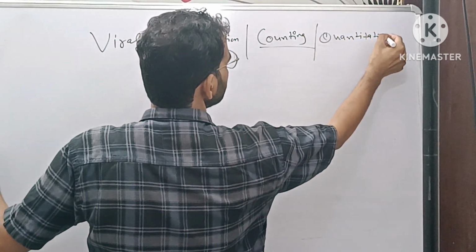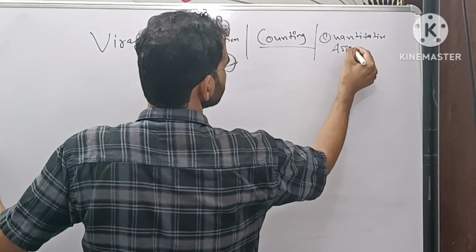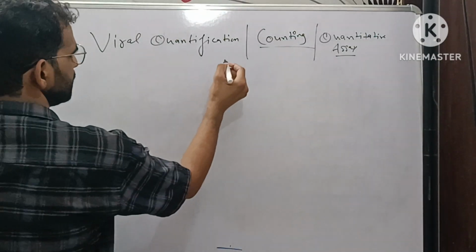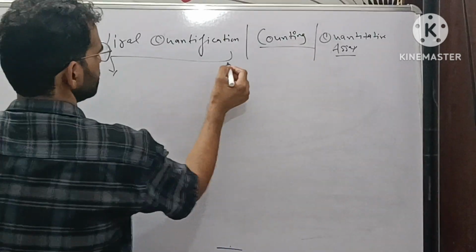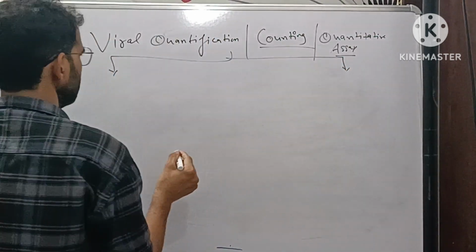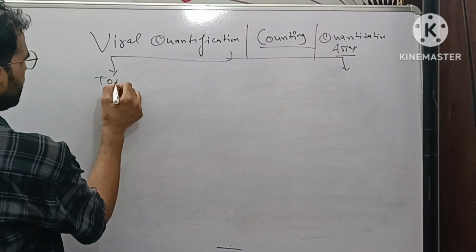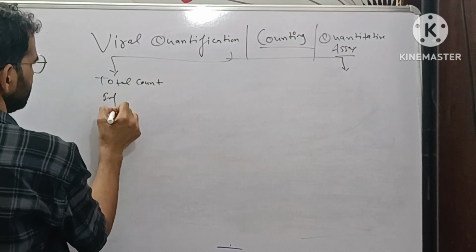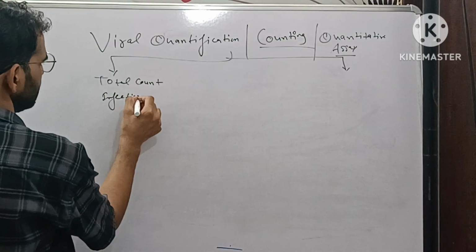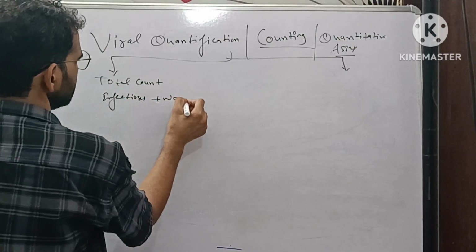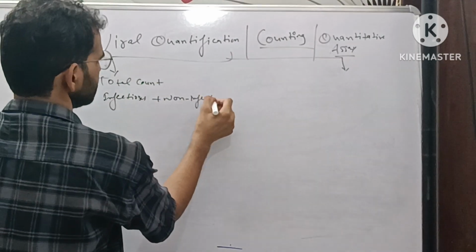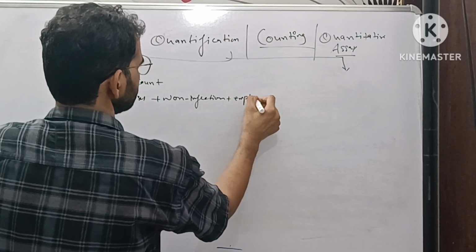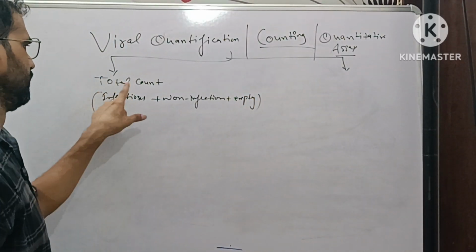These are assays or methods by which we count. Total count means infectious plus non-infectious plus empty viruses, all of this is the total count.